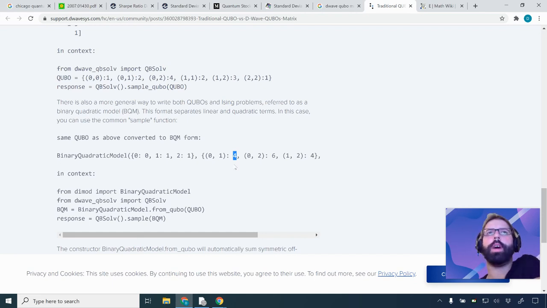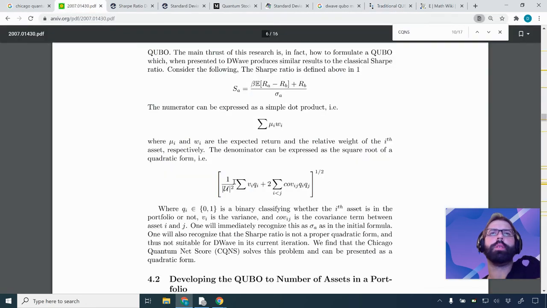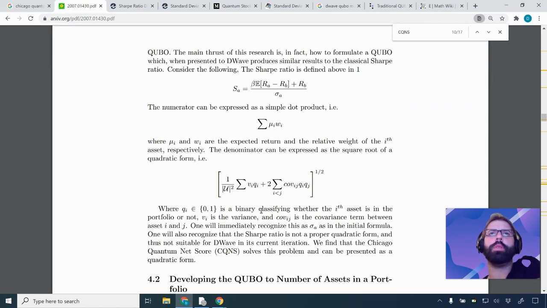Wait a second. Why would it be the variance of asset 0?